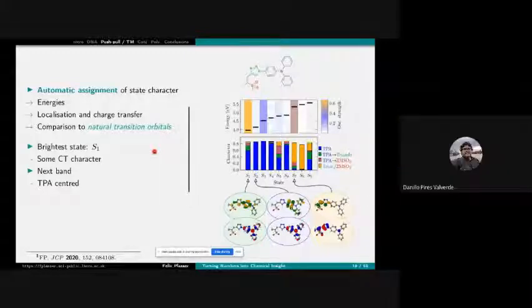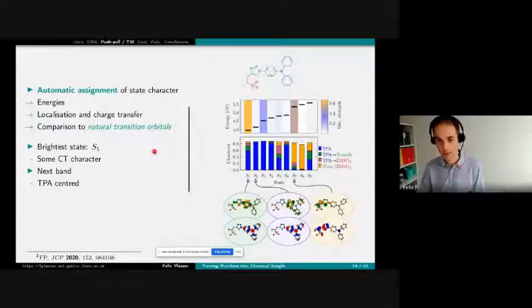Why is the character not exactly 1 in the case of the graph 2? For example, for S1 the character is about 0.8. Yeah, so it doesn't add up to 1.